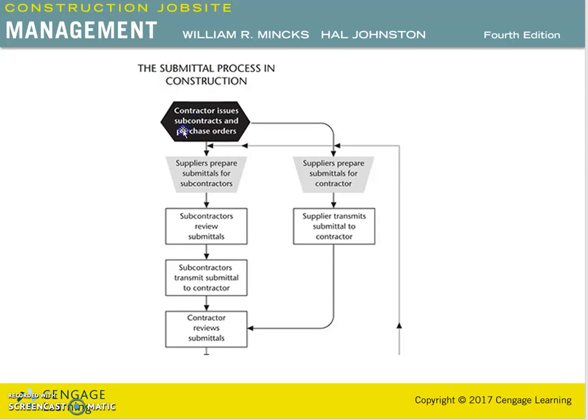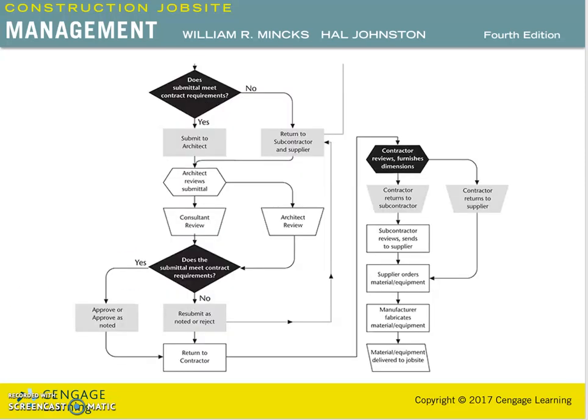So this flowchart starts from the contractor issues the subcontracts and purchase orders, and then it finishes off here at this decision level. Does the submittal need contract requirements? If yes, then it is approved, or if it is no, then it has to be resubmitted.